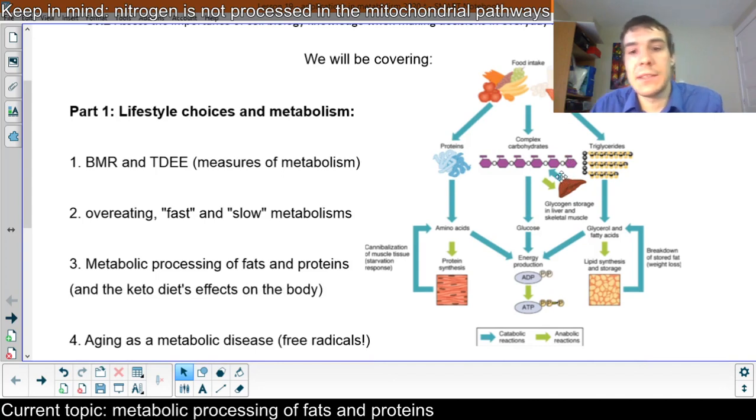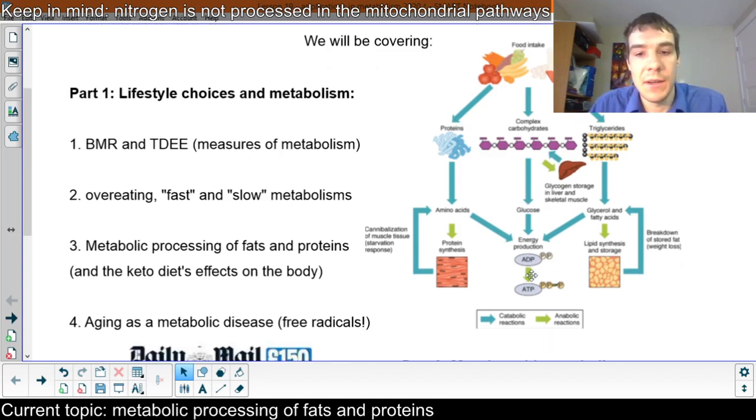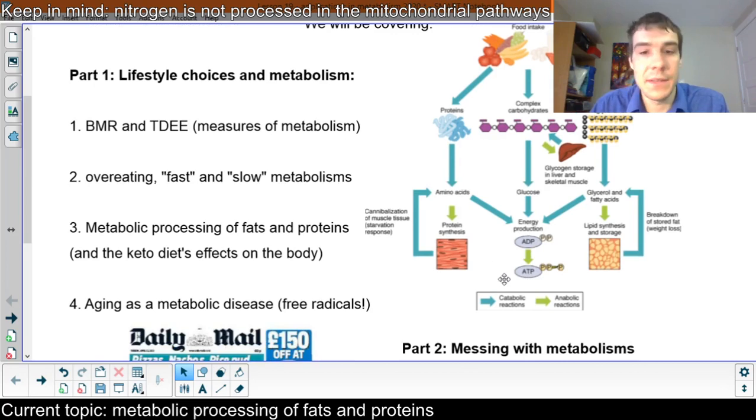Complex carbs get stored as glycogen in the liver and then brought back out. Triglycerides are your fats. The complex carbs eventually will get transformed into glucose. The glucose goes into all of the stuff that we've learned, right? The cytoplasm will turn the glucose into pyruvate. The pyruvate goes on to the mitochondria, and it makes ATP.